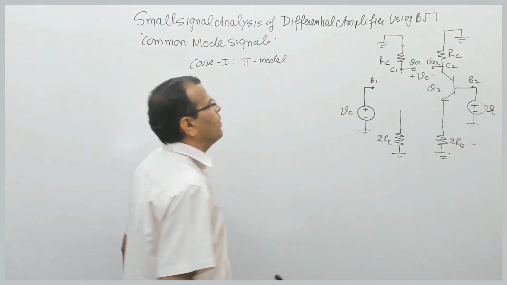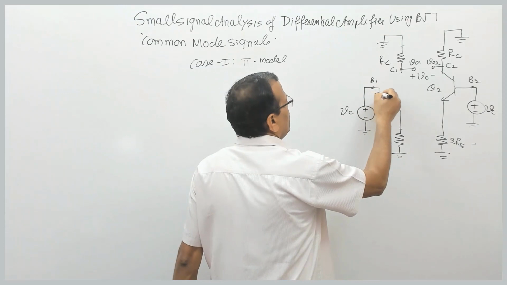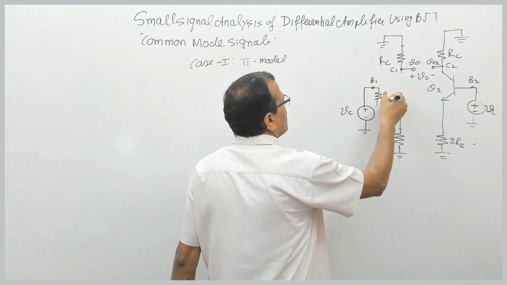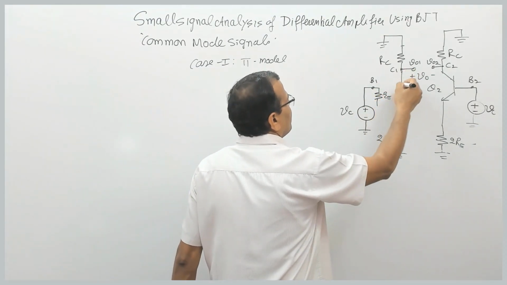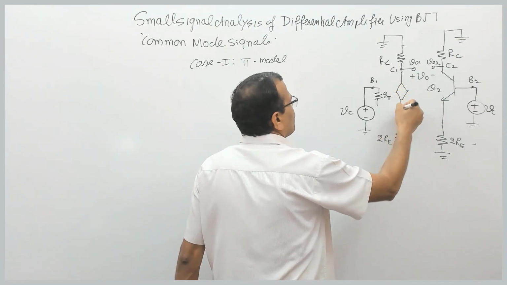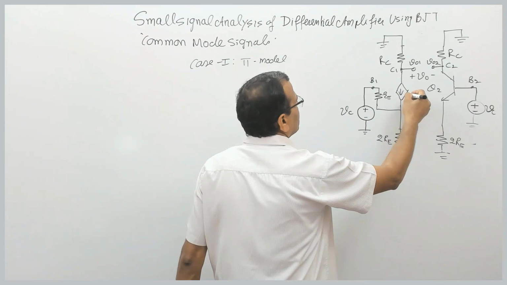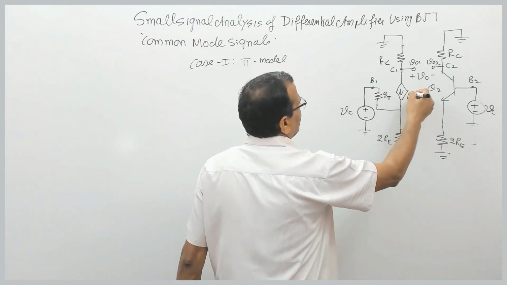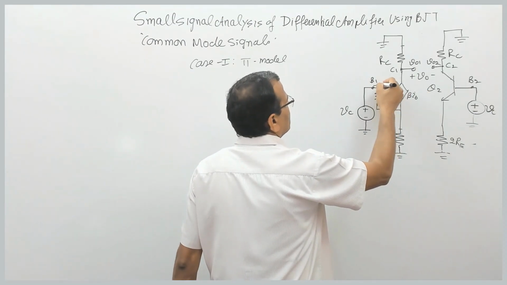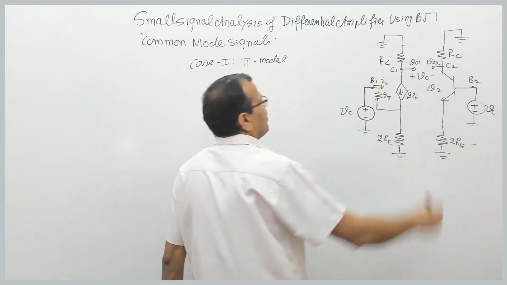When you replace it by the hybrid pi model, we have r pi, and here we have a dependent source, which is beta into the base current. This is the base current IB.